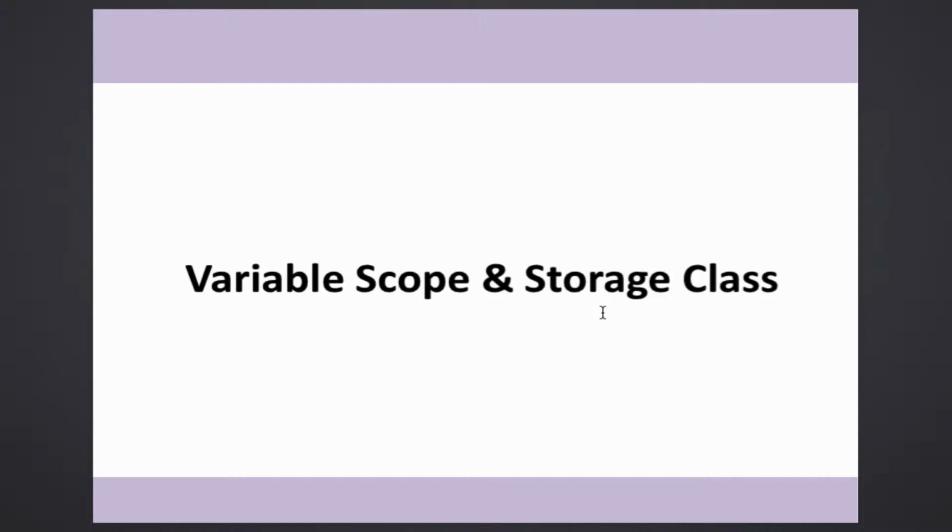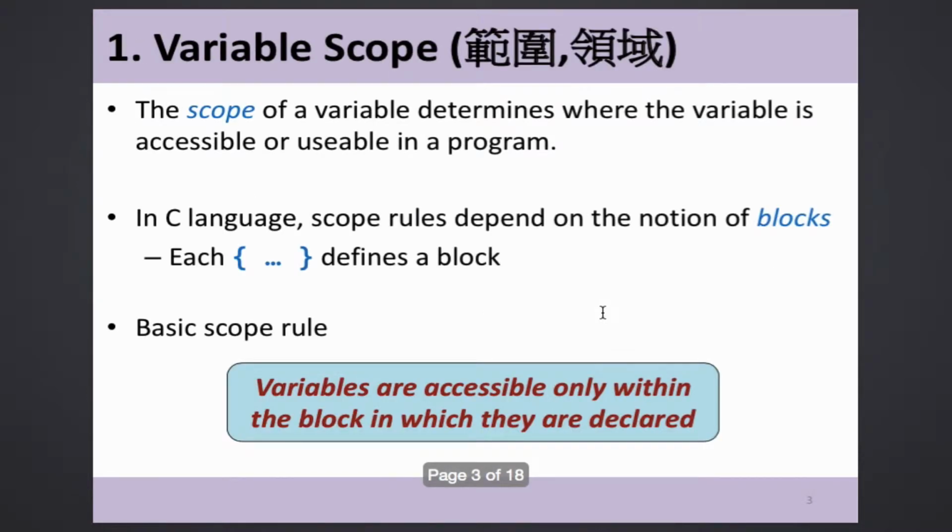Now, what is a scope? In Chinese we already have the translation. The scope means when a variable gets born, where it can be accessed, and also when it dies.